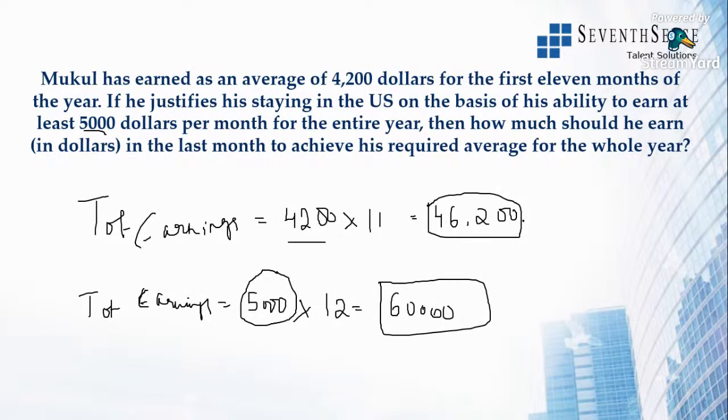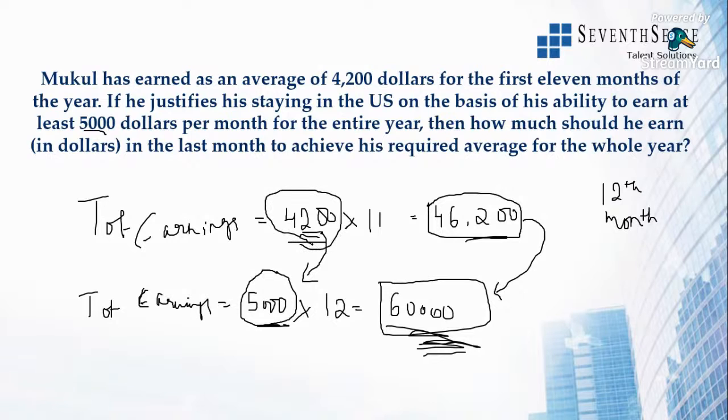Now, using this earning, that is $4,200 every month, he should justify 5,000. So for the last month, to justify $60,000, for the 12th month, how much should he earn? For 11 months, average is 4,200, this is every month salary. So for the 12th month, how much should he earn so that he justifies 60,000?